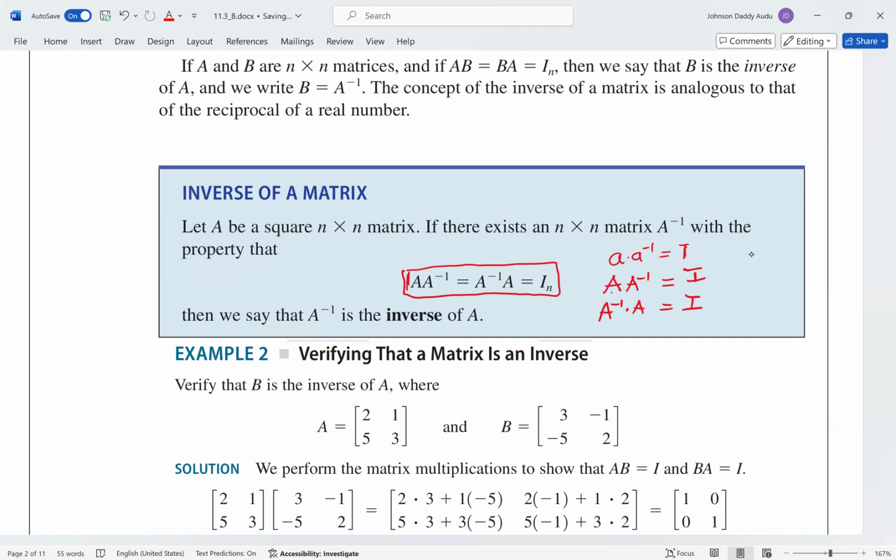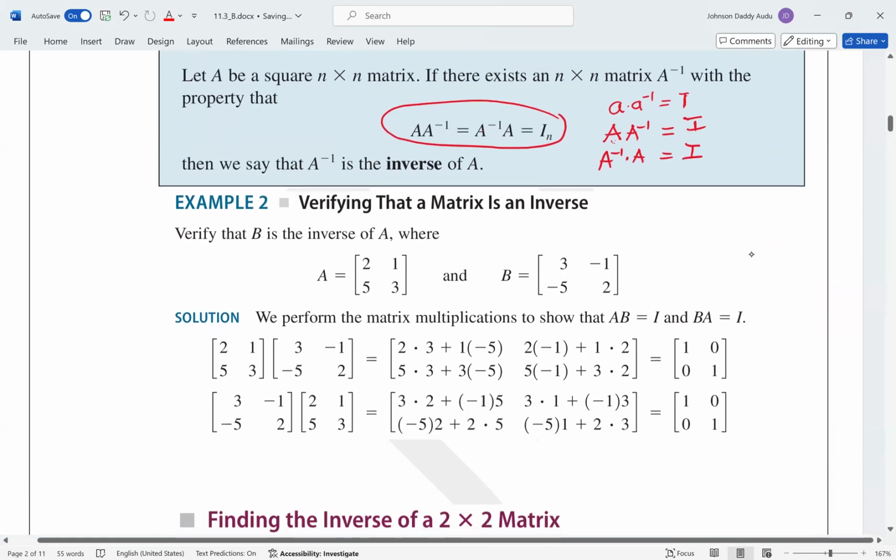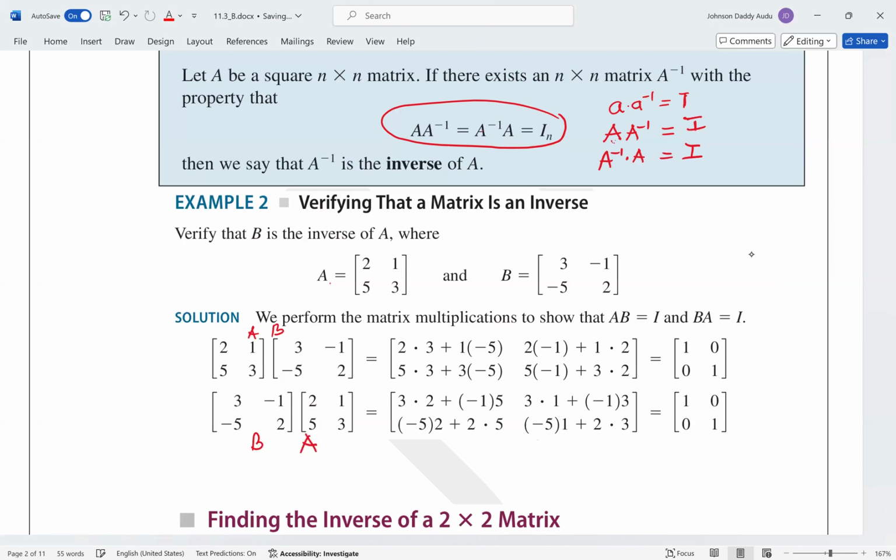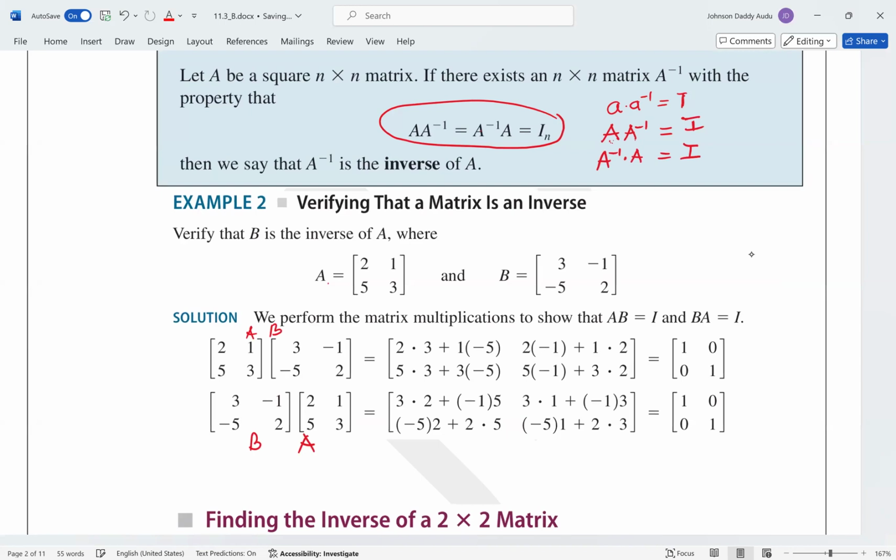So if you have a matrix A, and the inverse exists, then A times A inverse is the same thing as A inverse times A, and this all equals the identity matrix. For example, look at this matrix A and this matrix B. If you want to check whether they are inverses of each other, all you need to do is find the products, A times B and B times A. You can see A times B gives an identity, and B times A also gives an identity matrix.